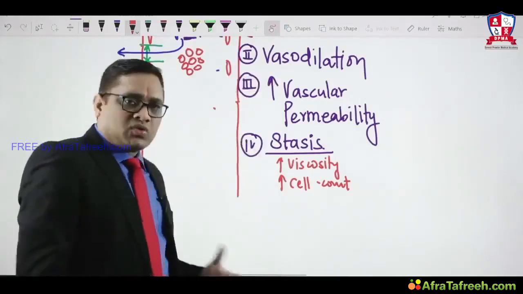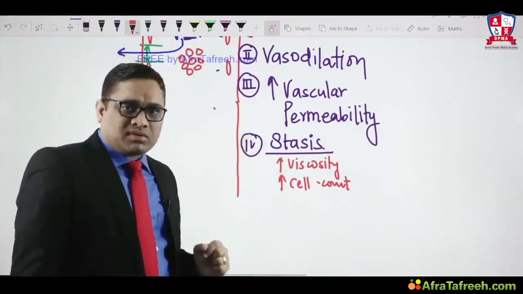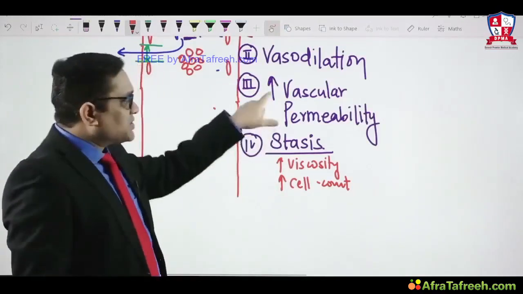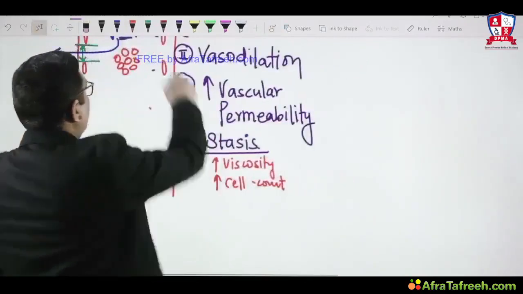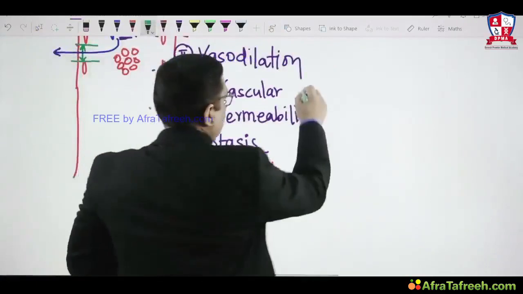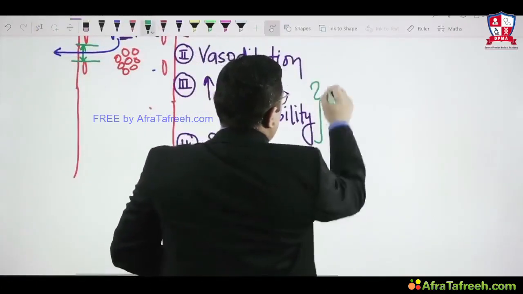Another important MCQ which the examiner asked: what is the hallmark of acute inflammation? Remember, increased vascular permeability is the hallmark of acute inflammation, right? So this was another important MCQ.